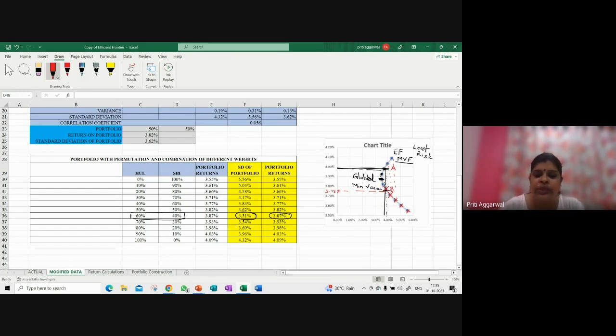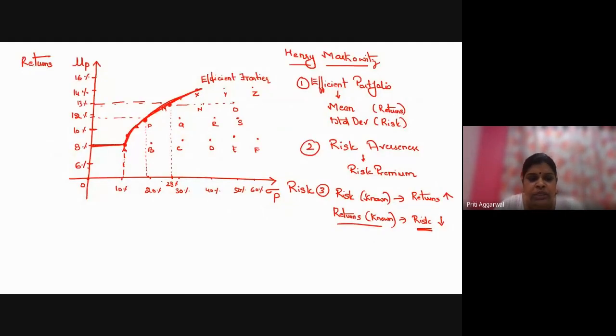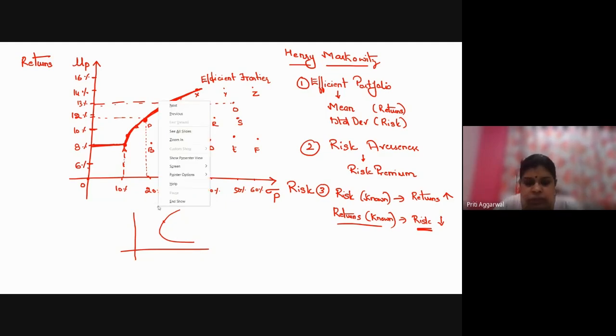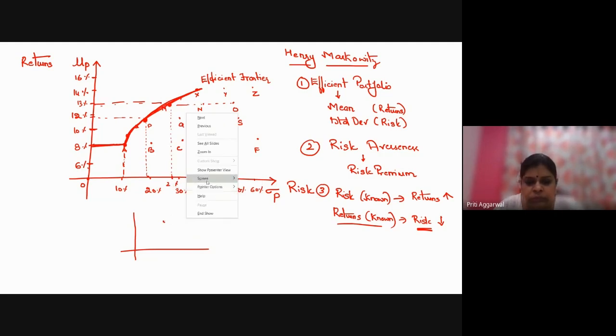So what we do generally when we talk about a global variance, the way I have done it over here, you can see this one, that now let's say this is my efficient frontier. It has to be a little concave.